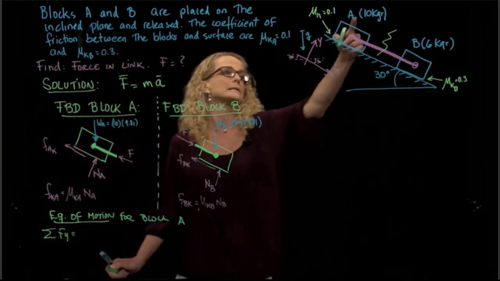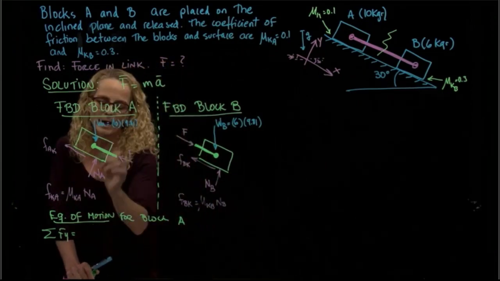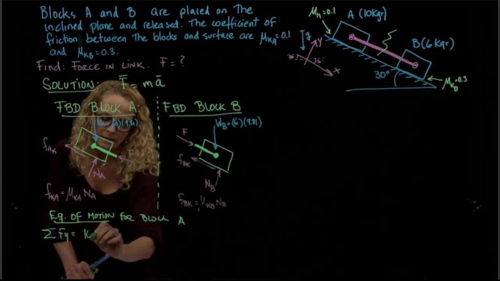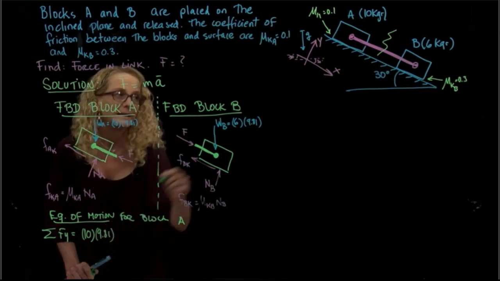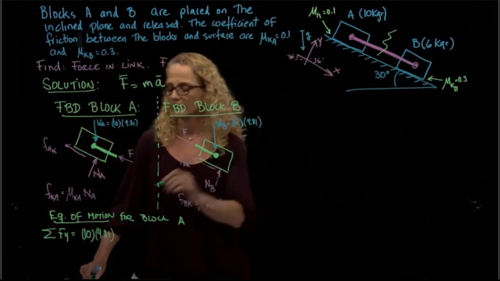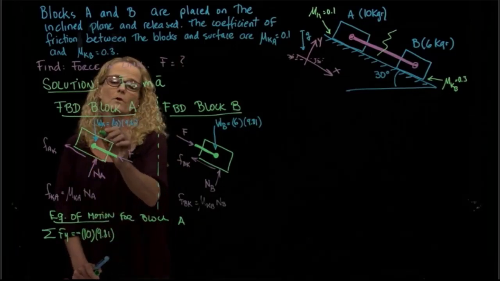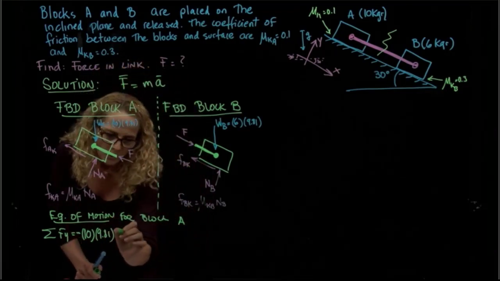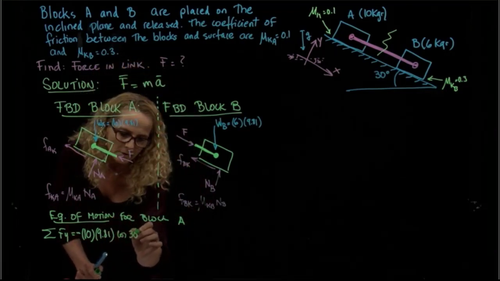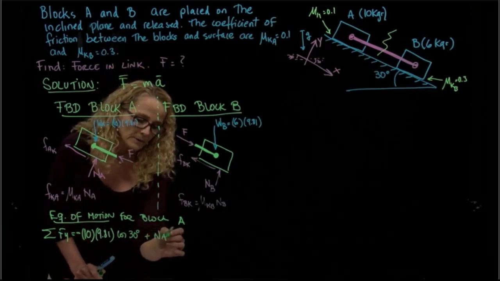So in y, I see that I don't have any motion. So I will have weight, which is 9.81 in a negative direction, right? And I have to decompose that force, and that angle is 30 degrees, right? So it will be cosine of 30 degrees plus NA equals 0.